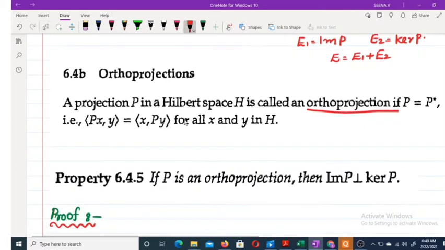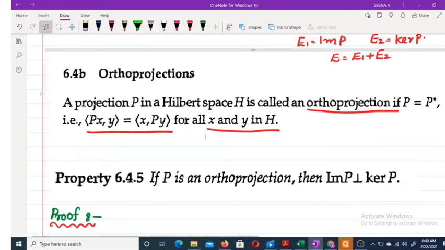That is, inner product of Px, y equals inner product of x, Py for all x and y in H. This is the definition of an ortho projection.